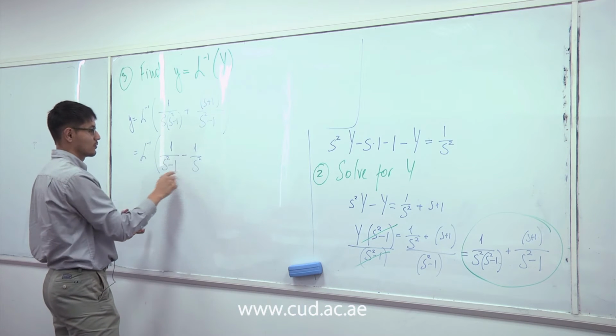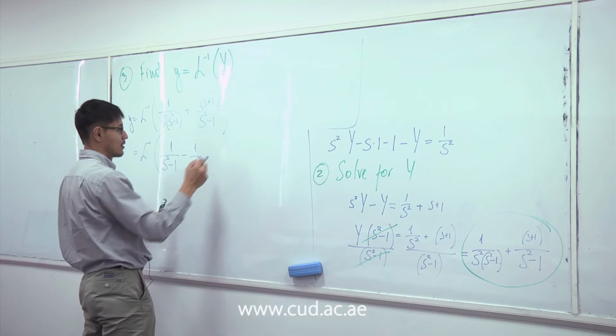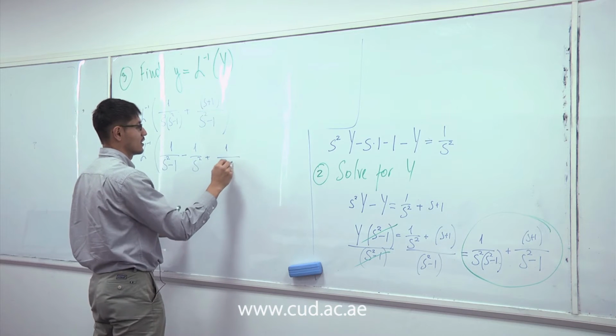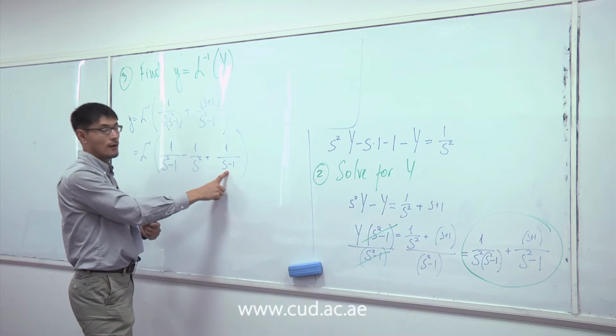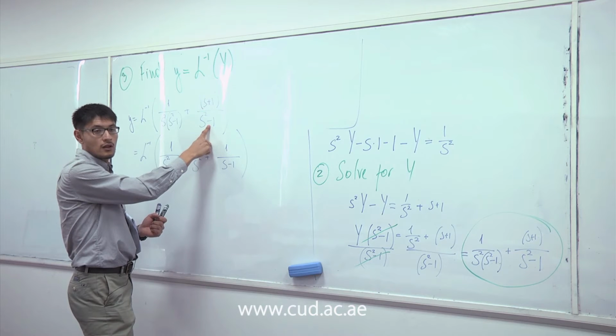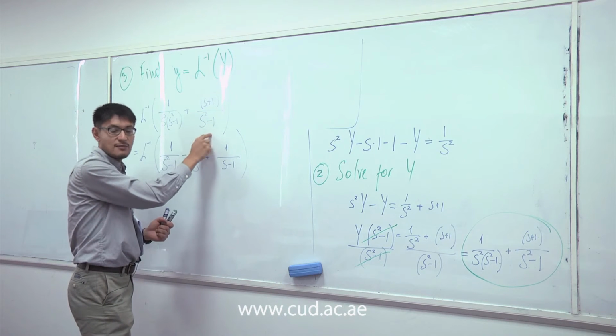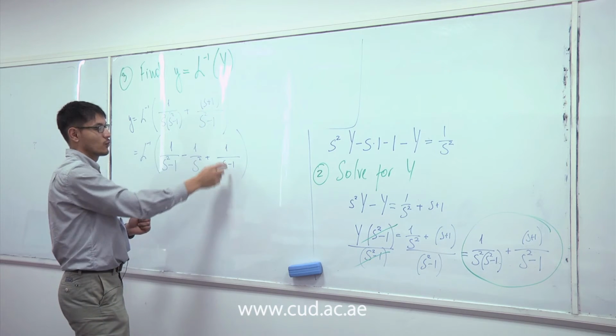So this fraction equals these two fractions plus 1 over s minus 1. Okay, so how do I get s minus 1 here? Well, s squared minus 1 is equal to s plus 1 times s minus 1. So s plus 1 will cancel, and you get 1 over s minus 1.